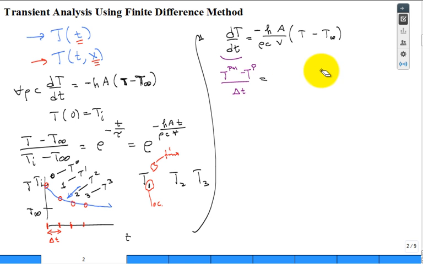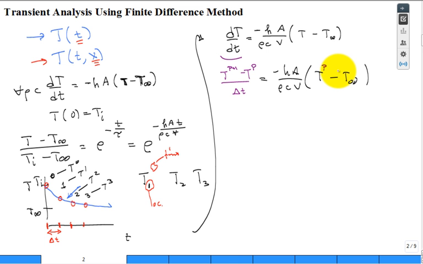Okay, and then we finish that out by is equal to blah, blah, blah, brought down. The only thing is when we bring this down, minus hA divided by rho cV times T minus T infinity, we could put a p up here, but is our fluid temperature changing? No, so you don't even need to index that. You can just get rid of it. It's not going to change. It's a constant. But that temperature is changing. And so you have a choice.